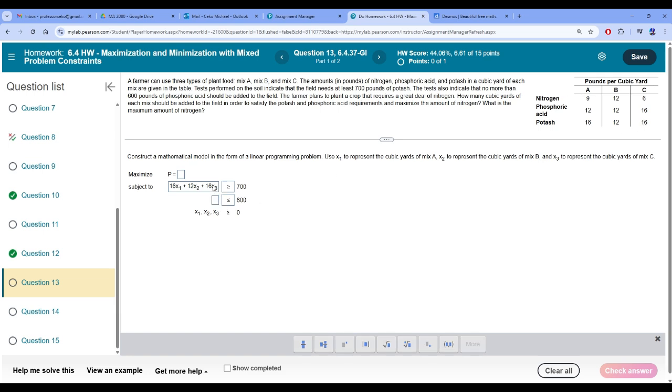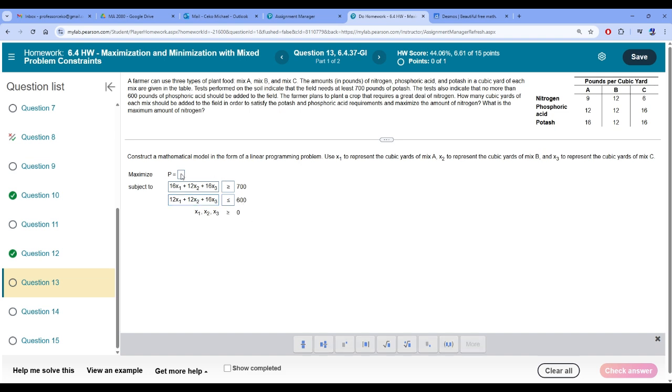Can I just copy this? 12, 12, and 16? I can't. 12x subscript 1 plus 12x subscript 2 plus 16x subscript 3.